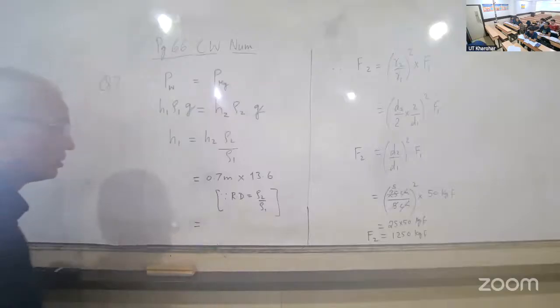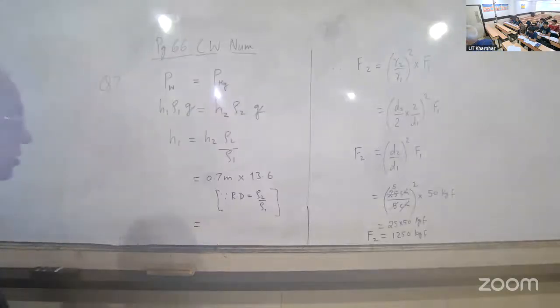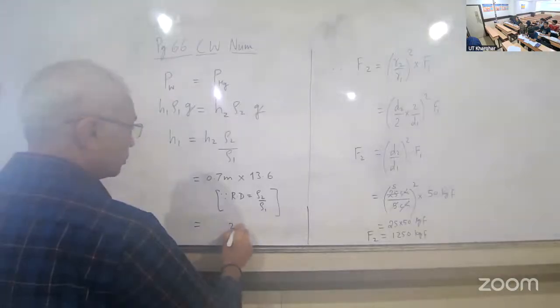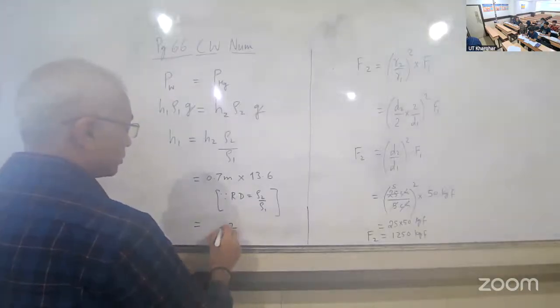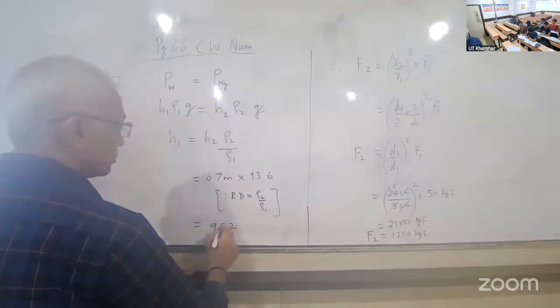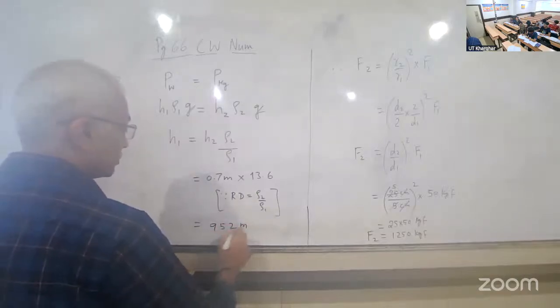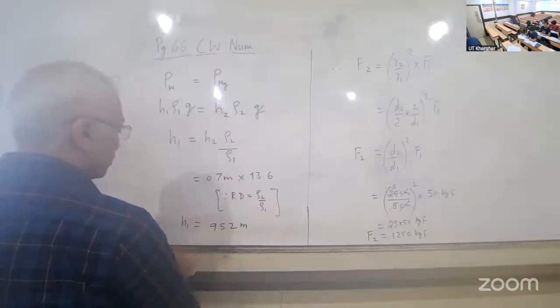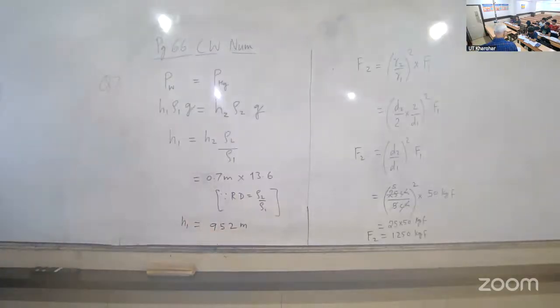So find out whatever it is: 7, 6, 40, 4. Right, so the height of water is 9.52 meters.